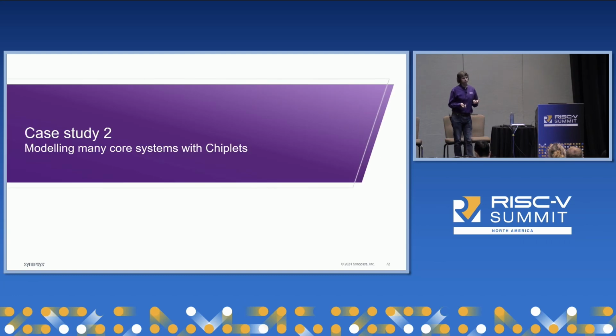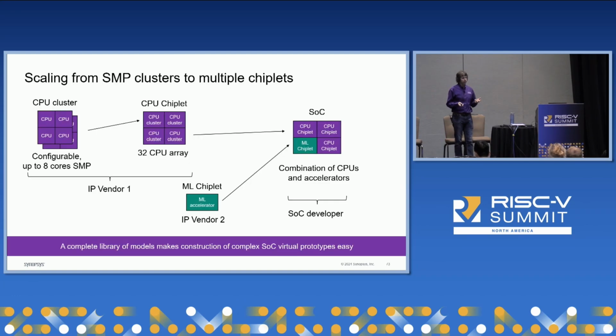The second case study is not dissimilar in some ways. Again, it's a scale-up problem. In this case, it's looking at chiplets and scaling to large SoCs. So rather than the customization being in the CPU itself, this time it's making decisions about how many cores in a cluster, how many clusters in a chiplet, but also perhaps sourcing IP from different vendors as well.